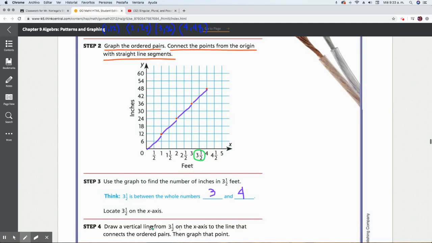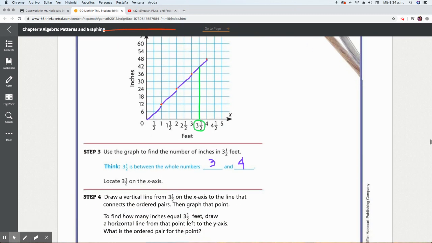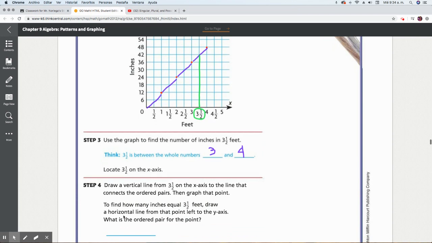So with my pencil, I'm going to start drawing a line from 3.5 until I touch the line segment. Okay, and then I'm going to stop right there. Okay, and then let me move my book up right there.